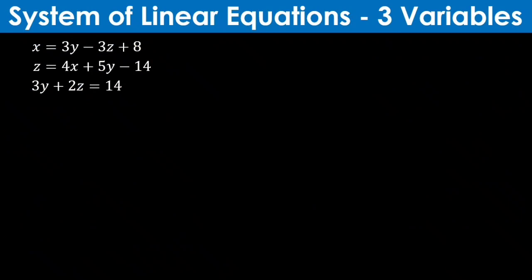system, this one. Now, to look at this system, it's not yet arranged, so we can arrange this to solve it properly. This one, x minus 3y plus 3z equals 8.